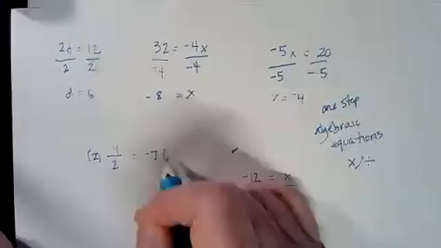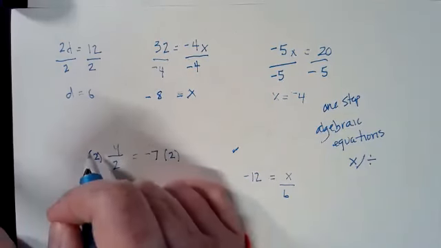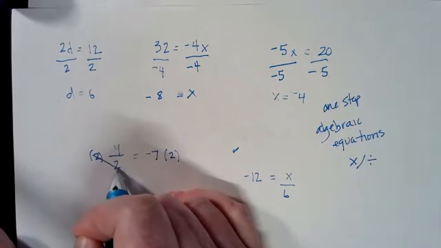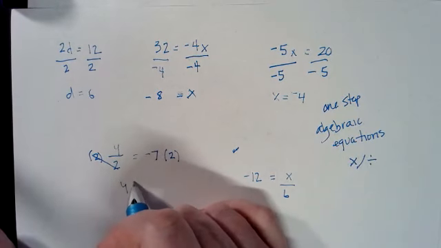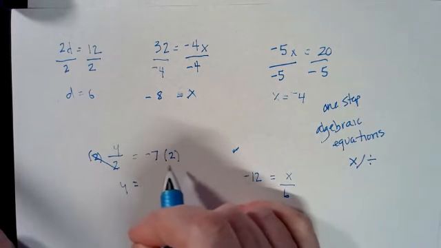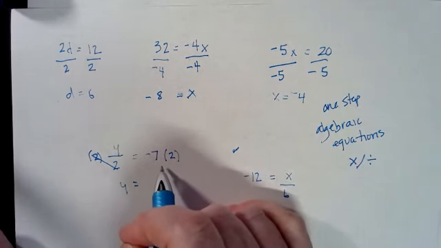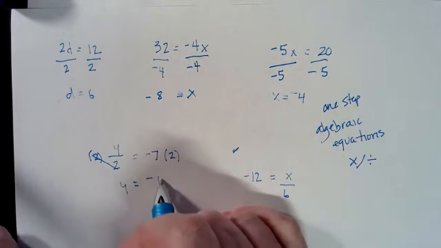Multiply by 2 on this side. These cancel. Those 2's are gone. That leaves you y equals -7 times 2, bad guy goes into town, bad for town. It's going to be -14.